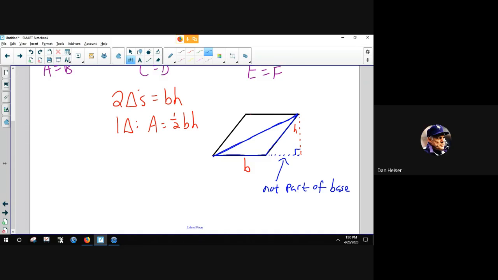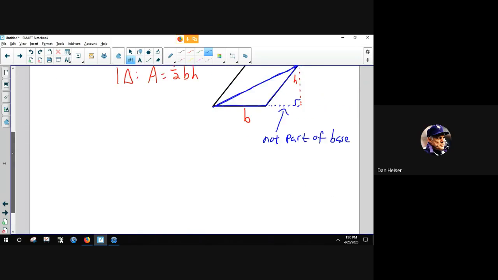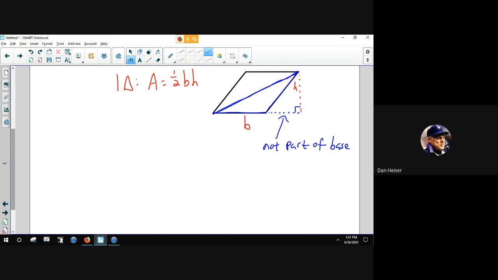Every triangle has 3 altitudes. So theoretically, every triangle has 3 bases. Here's a base and a height. Here's a base.